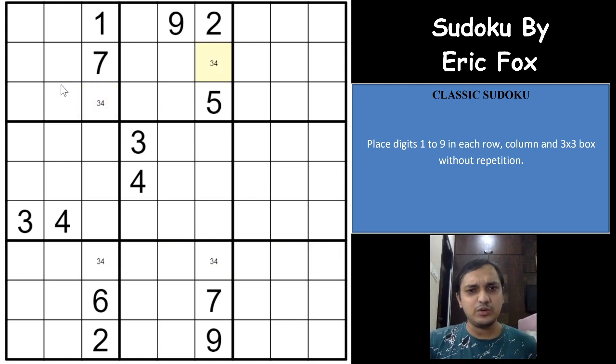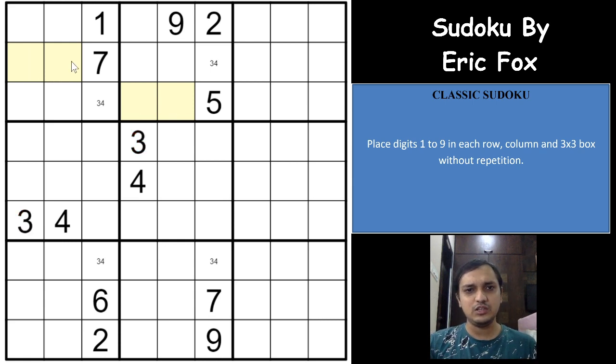And what happens now is that these 2 cells and these 2 cells, the common cells seeing both of these digits in different rows, you can eliminate that possibility. So 3 won't be in these 4 cells.